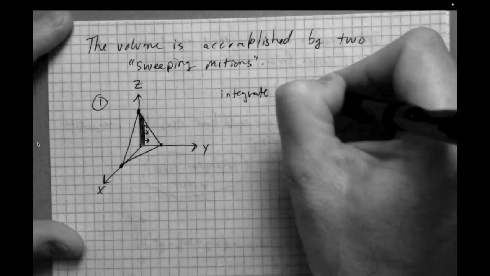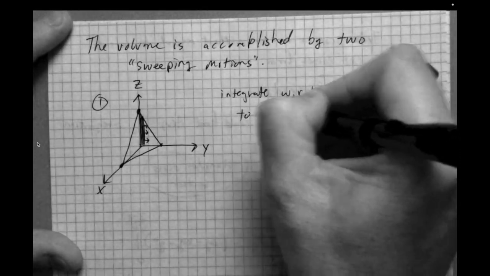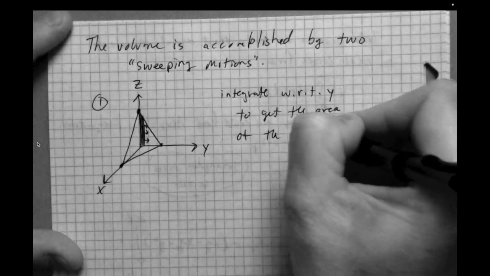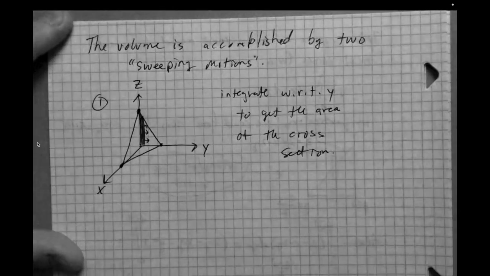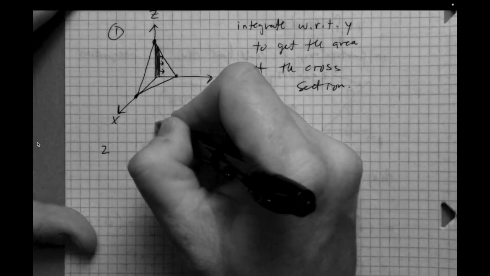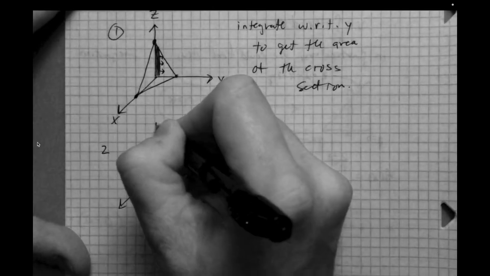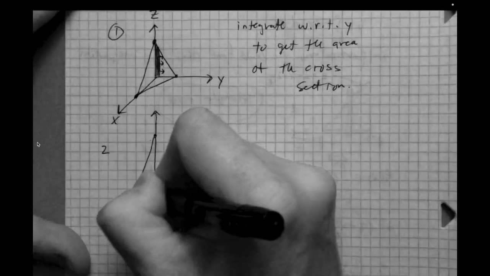So you integrate with respect to y to get the area of the cross section. Okay, so that's the first sweeping motion. And then secondarily, once you have the area of the cross section, you come back through and you sweep out the volume.